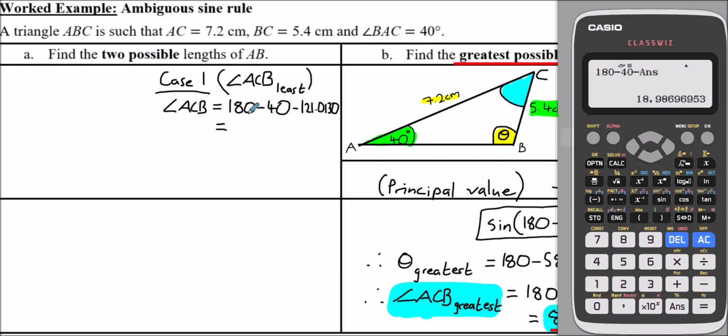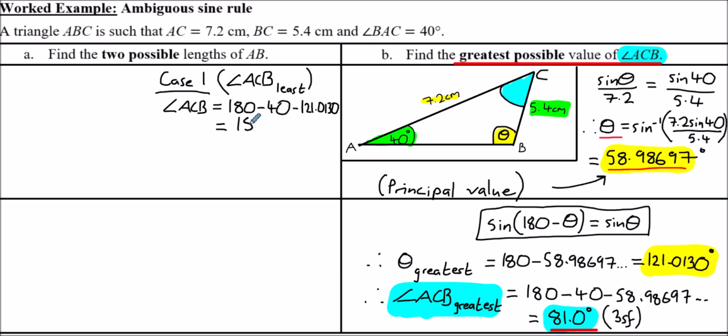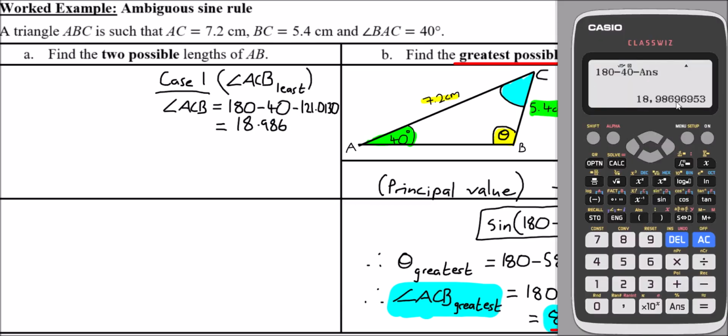So I'm just going to write this as 18.986 and the remaining digits, 96953.